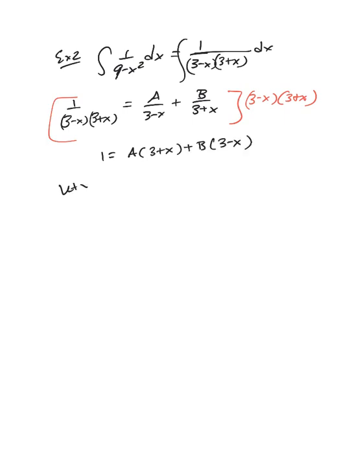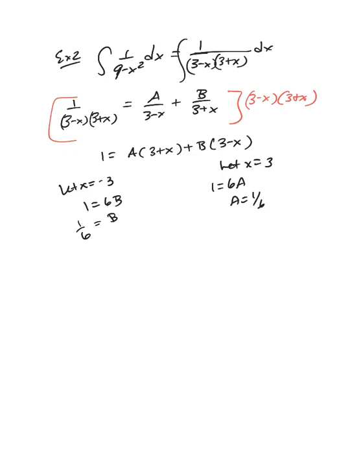Okay, let x equal -3. We get 1 = 6B, since 3 - (-3) is 6. B is 1/6. If x equals 3, we get 1 = 6A, A equals 1/6.